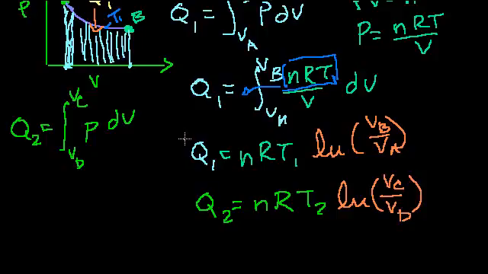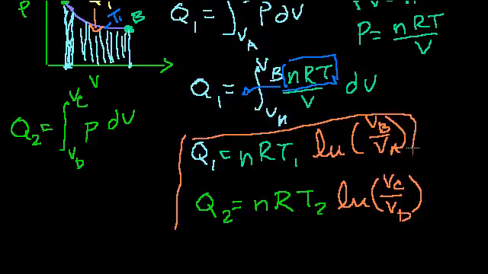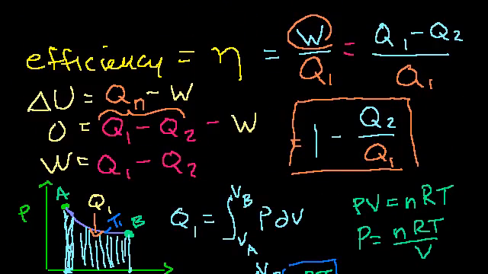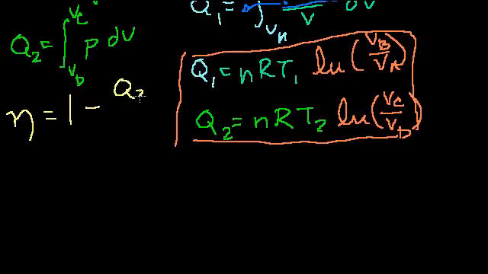Now let's use these two pieces of information and substitute them back into that result for efficiency we just got. We just learned that we could also write the efficiency of an engine to be equal to 1 minus Q2 over Q1. So let's substitute Q2 there and Q1 over here. And what do you get?